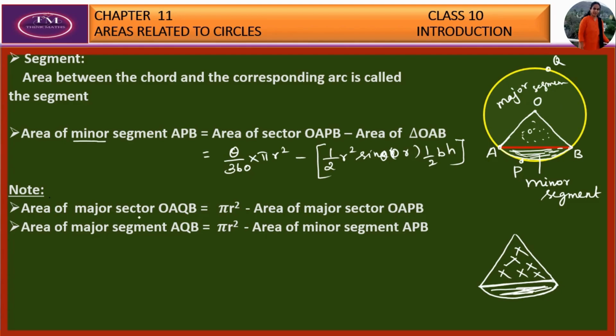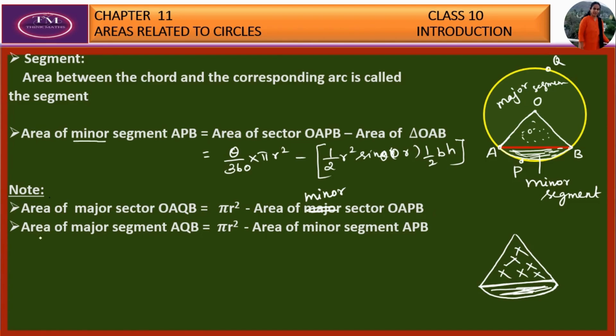So the area of major sector OAQB is pi r square minus the area of minor sector OAPB.